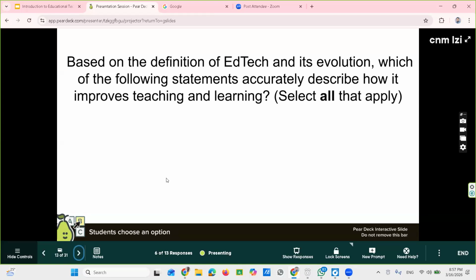Only 30 seconds is enough to answer this type of question, as these are MCQ type. Therefore, no need to take a long time to answer.